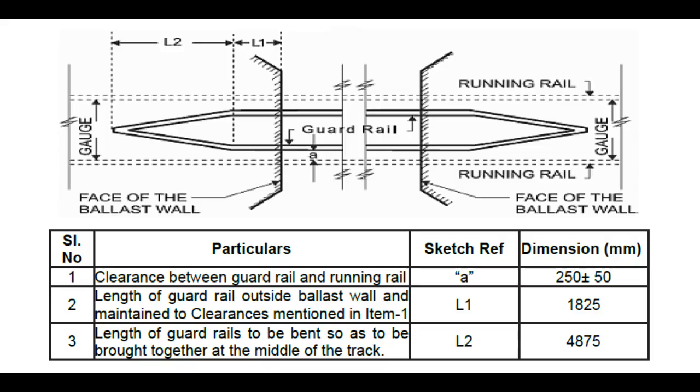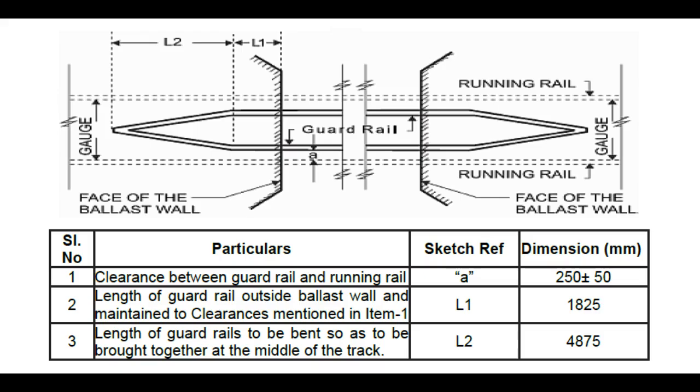Next, number 2. Length of guardrail outside ballast wall and maintained to clearance up to the length of 1825 mm, that is 1.825 meter.